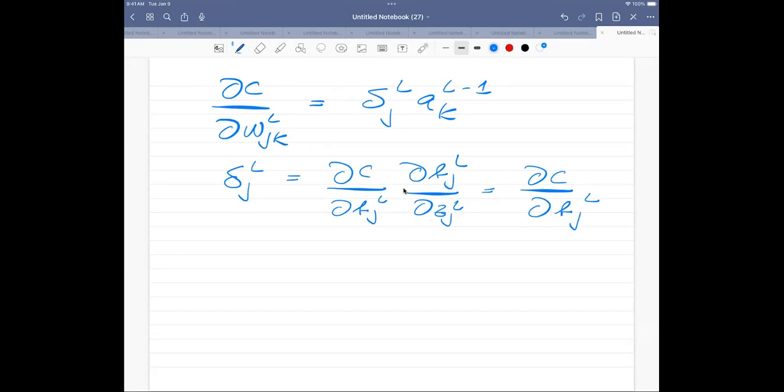So if I collect the quantities which I need now for this layer L, if we now add to this the expression for delta_j^L, I would have the derivative of the activation function, sigma prime of z_j^L, multiplied with the derivative of the cost function with respect to the output from that layer.